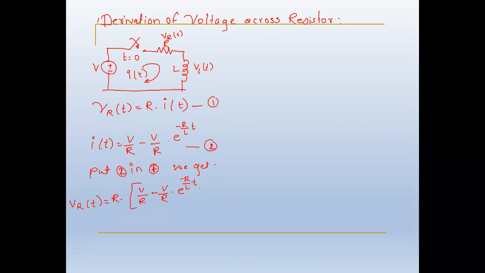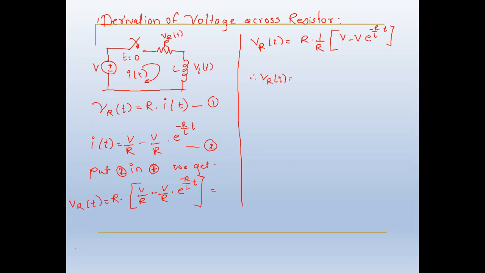If I take 1 by R as common, VR of t is equal to R into 1 by R, and so VR of t is equal to V into 1 minus e raised to minus R by L into t.